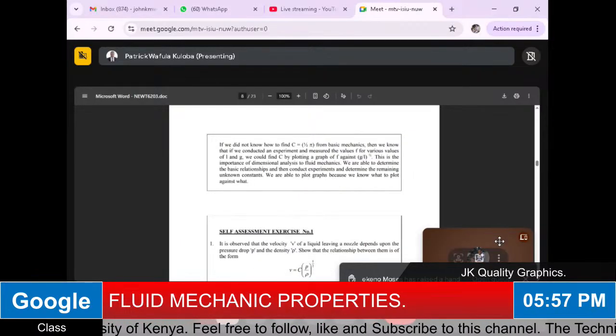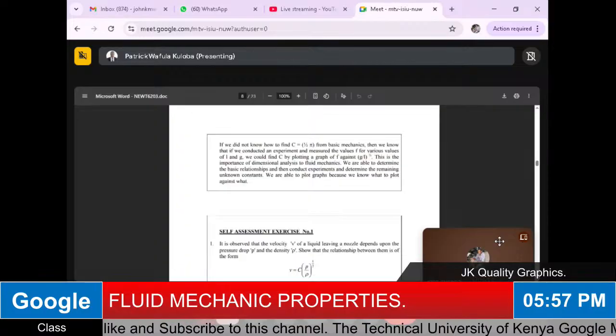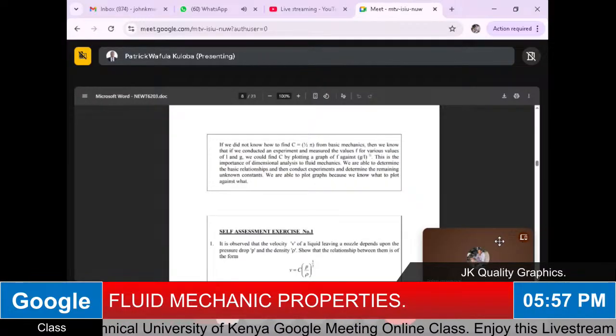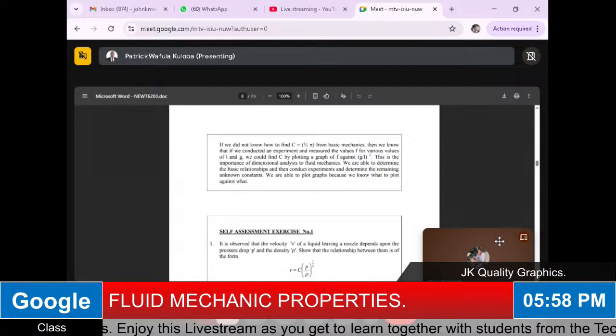So substitute those values of A and B in equation 2. Substituting the values of A and B in equation 2, the equation becomes P is equal to C in brackets, L raised to a half and rho raised to minus a half.